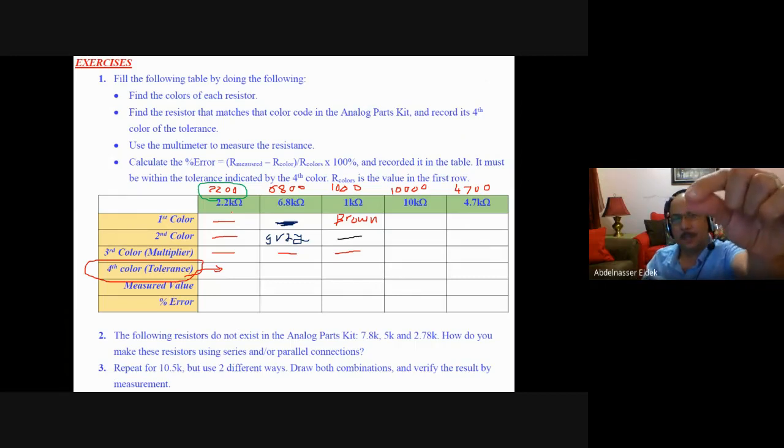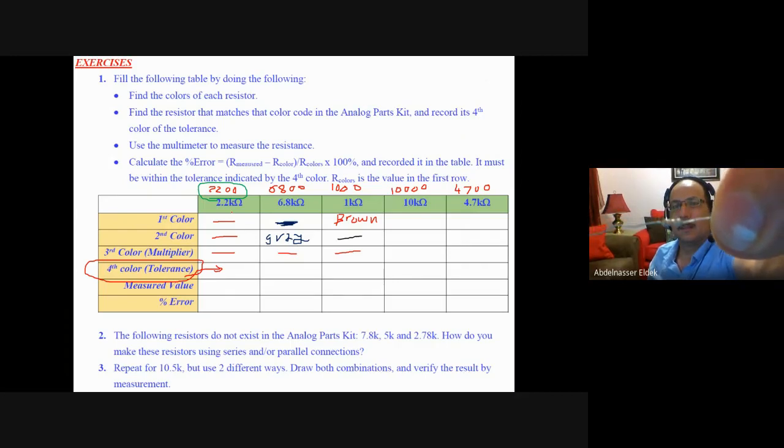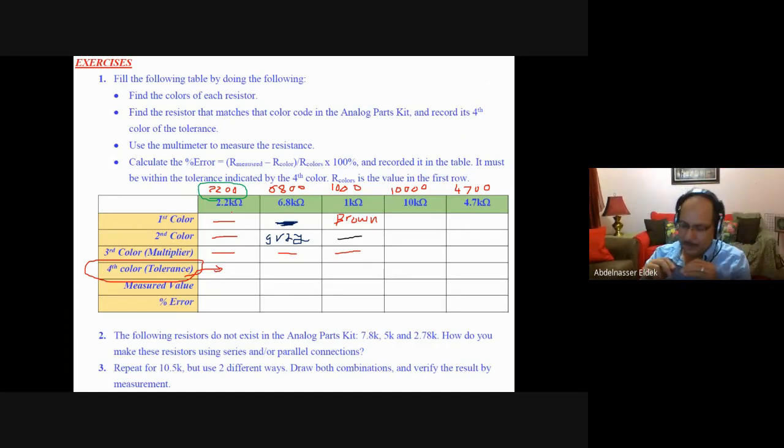I don't know if you can see this, but I hope that you can. Okay. So this is red, red, red, and you will find that the fourth color is gold, and gold is 10%. I'm not very good in color, so I'm sorry. Maybe it is silver. Not sure. Seems gold to me. It's gold, so it's 10%.